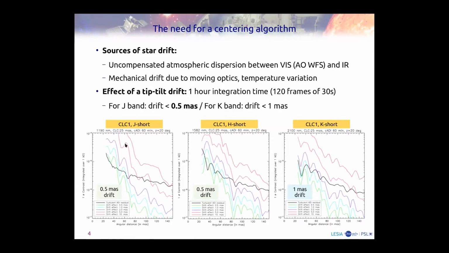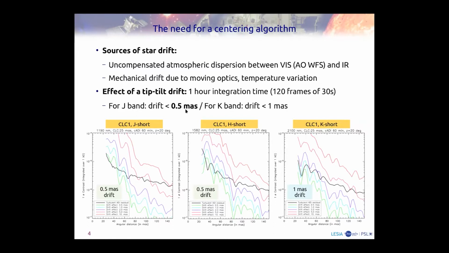And you can see the effect is obvious for the small separations. And in J-band, for example, you may want to stay below the 0.5 mas drift, while in K, a 1 mas drift might be acceptable. But our requirement has been set to 0.5 mas in MICADO.